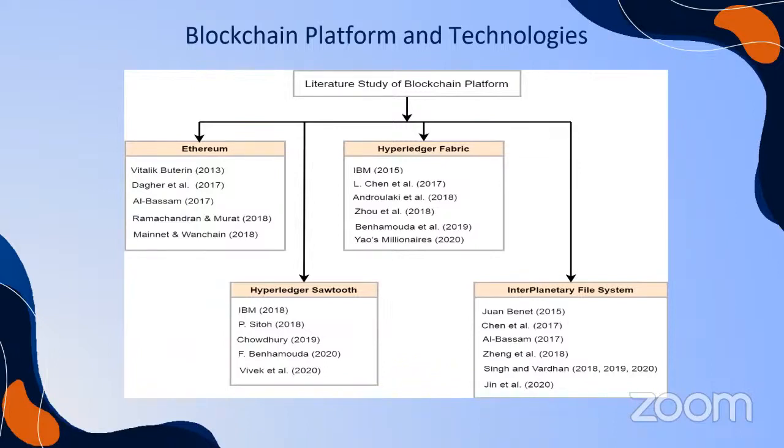LedgerDB is basically very specific to Hyperledger Fabric, my dear participants. And IPFS is itself a file system, an open source technology, where every file is split into chunks, and each chunk is distributed with certain security measures.